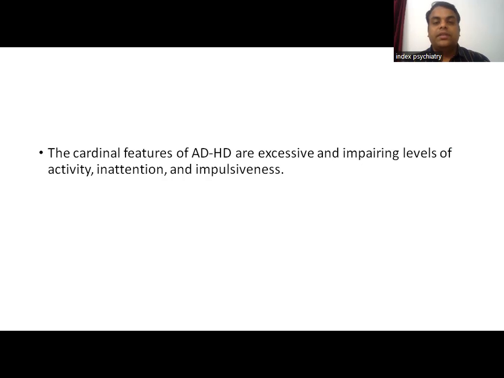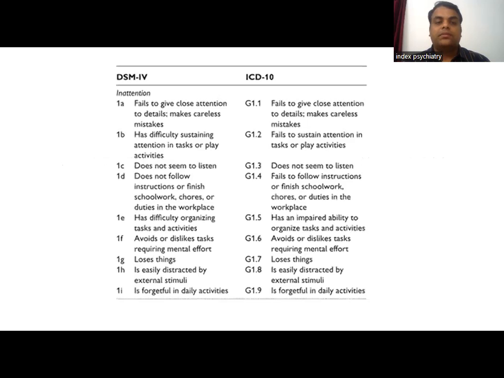The cardinal features of ADHD are excessive and impairing levels of activity, inattention, and impulsiveness. There are some features in DSM-4 and ICD-10.